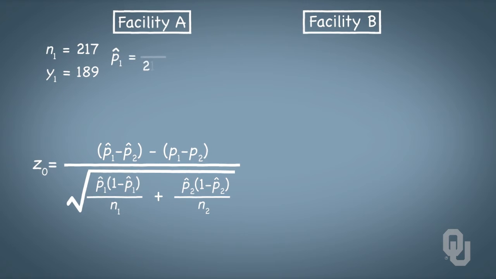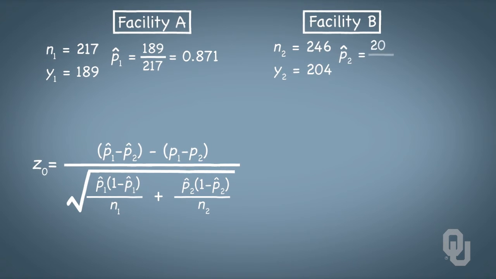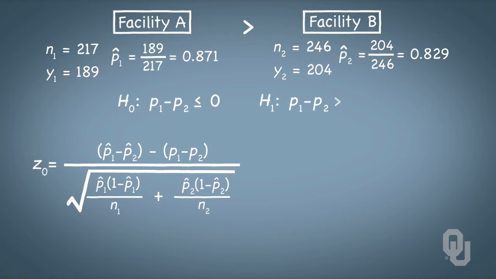That would result in a sample proportion of 0.871. From Facility B, we collected a sample of 246 bearings that needed to be repolished, and 204 of those were within specifications afterward, or a sample proportion of 0.829. And say we want to know if the proportion within specification after repolishing is greater for those repolished in Facility A versus Facility B. Greater than suggests an alternative hypothesis statement, as it doesn't contain equality.